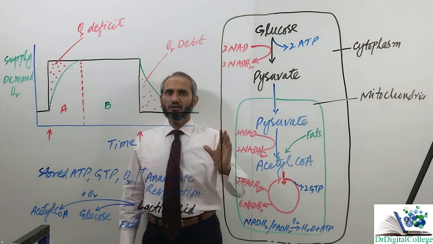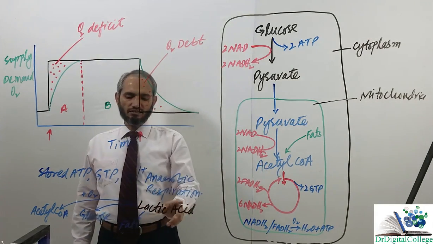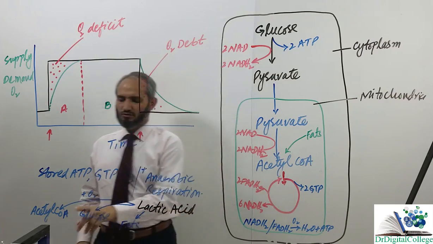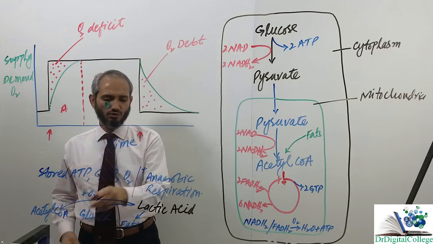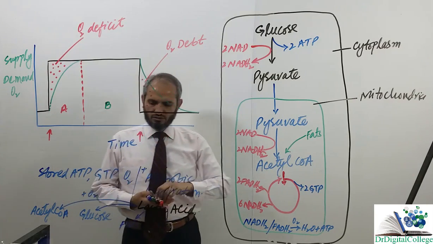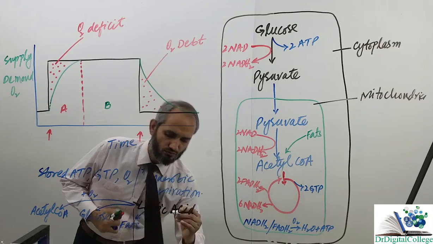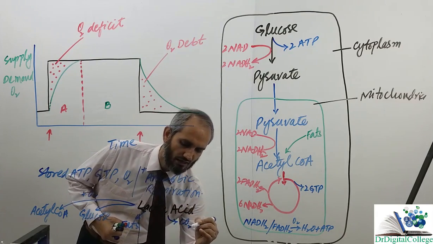So we were talking about that during stress exercise, lactic acid produced is changed into acetyl coenzyme A, which will then be converted back into glucose or into fats, or it is also oxidized into carbon dioxide and water.